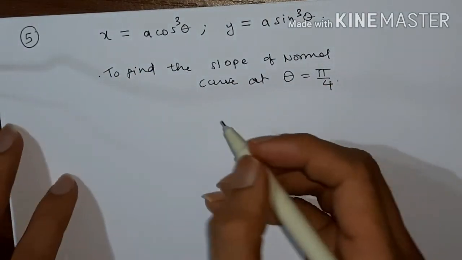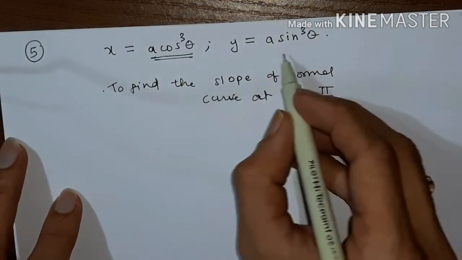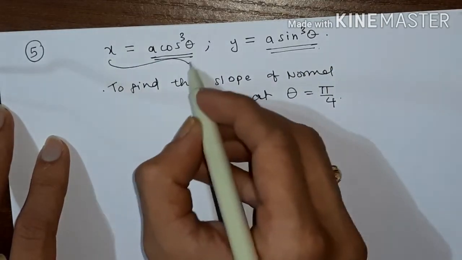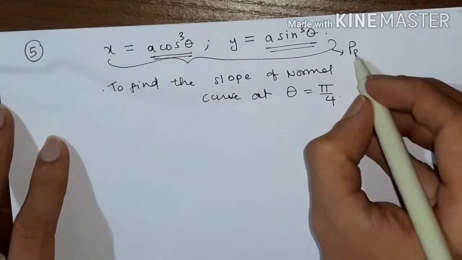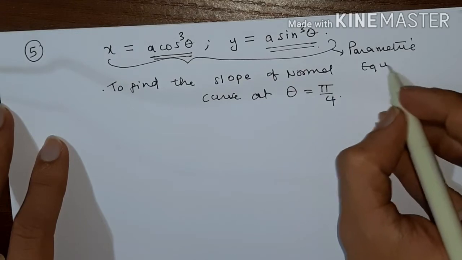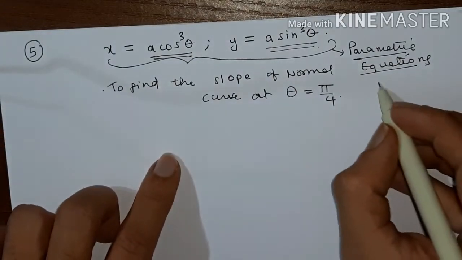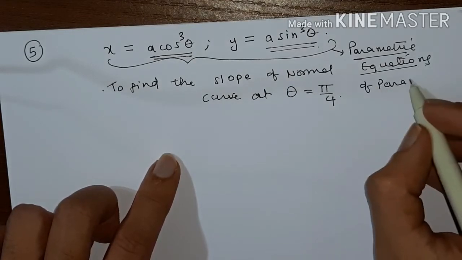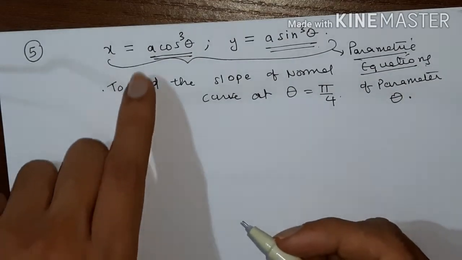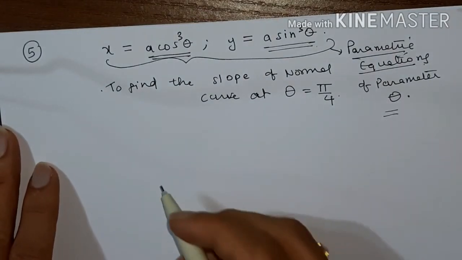Now these functions are given in terms of a parameter, theta. So these are called parametric functions or parametric equations of parameter theta.